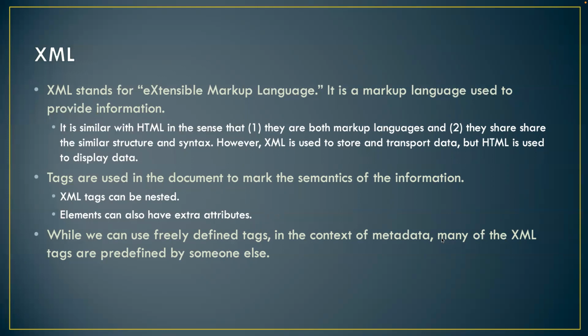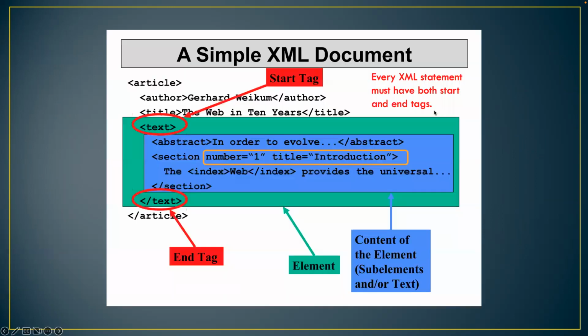But in most cases, when we use XML to express metadata under certain metadata standards, those tags used in XML must be predefined by someone else, and mostly defined by the metadata standard. So we can only use those elements that are already there. Okay, so here are some examples.